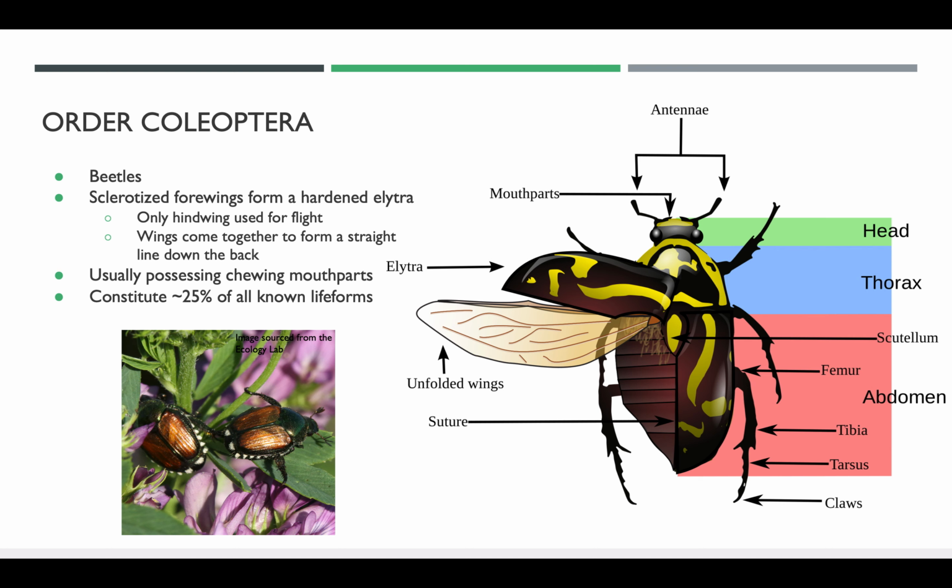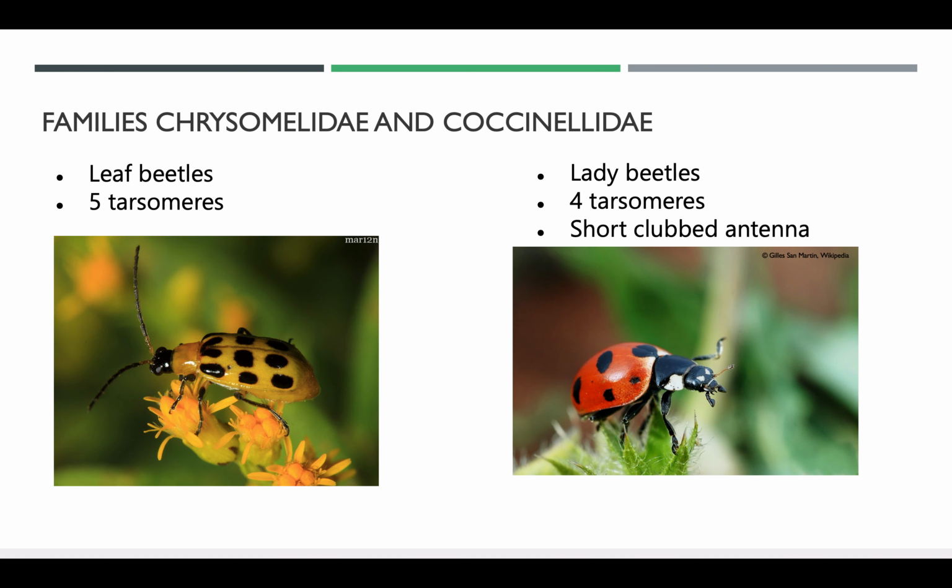All right. So these are our beetles. Some common beetle families, leaf beetles here on the left and lady beetles on the right. You'll notice that they look very different. The difference between leaf beetles and lady beetles lies in their feet. So remember back to our first anatomy picture that we saw these little tarsi or tarsomeres, the segments of the feet.